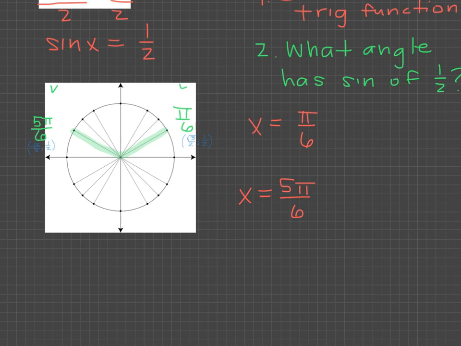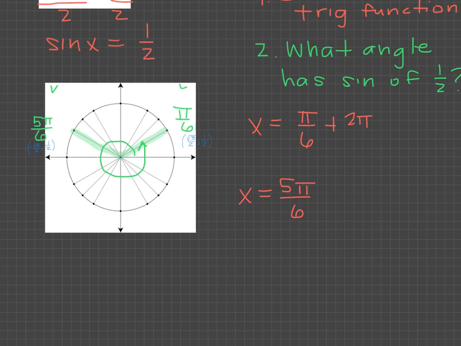Every angle that has the coterminal side shared with pi over 6 is going to have sine of 1/2 and will be a solution, will be an angle measure that's a solution. So we think about this angle that we take pi over 6 and add 1 full rotation of 2 pi, right?